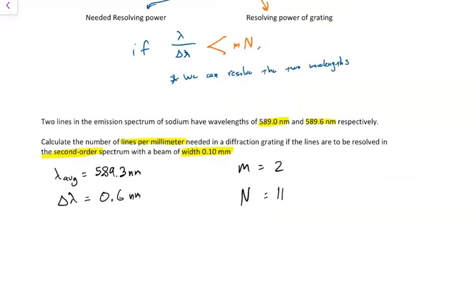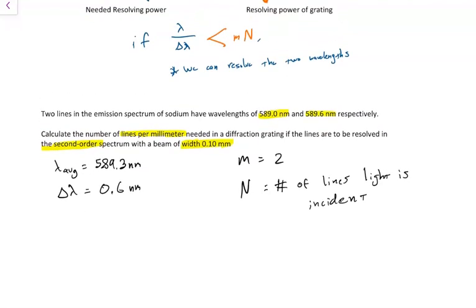But we want to remember that this is the number of lines that the light is incident on, or the number of lines hit by the light. So there's going to be some trickiness with that, but let's just plug some numbers in, get to what N should be, and then try to see how to get to lines per millimeter.